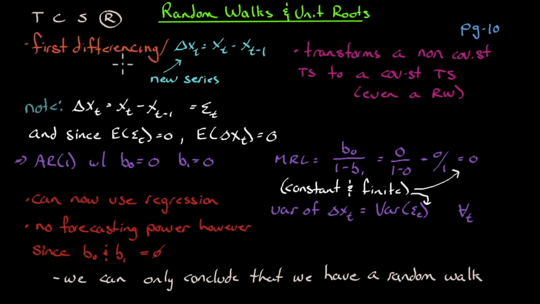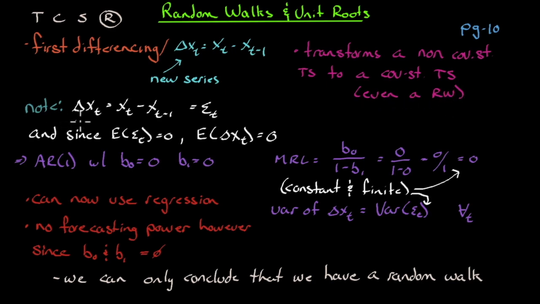The strategy we would use to turn it into a covariance stationary time series, we've already seen, is just first differencing. We create a new series, which is delta xt, the first difference in the variables. We take the observation at time period t and subtract from it the observation at time period t minus 1. It's just the difference between the time periods, called first differencing. It transforms a non-covariance stationary time series to a covariance stationary time series, even a random walk.